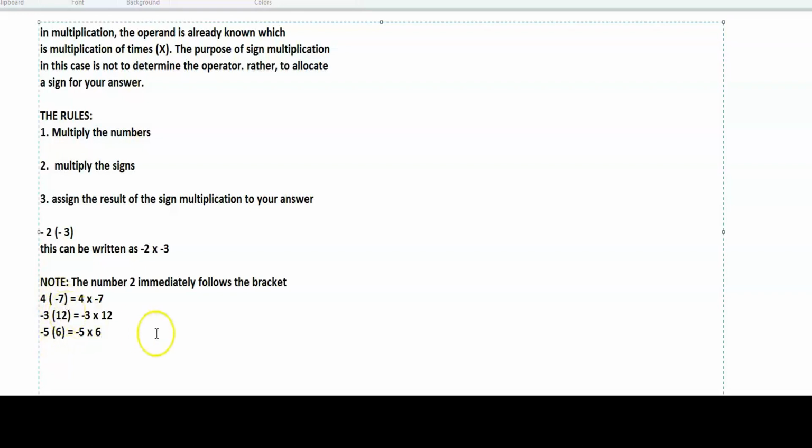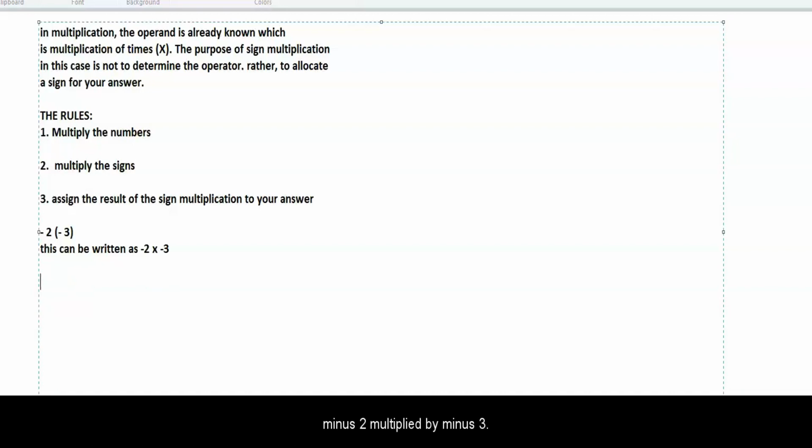Now let's go back and solve our previous example. Minus 2 multiplied by minus 3. Multiply the numbers directly. 2 multiplied by 3 gives you 6. Multiply the signs. Minus times minus. The sign for 2 is minus. The sign for 3 is minus.